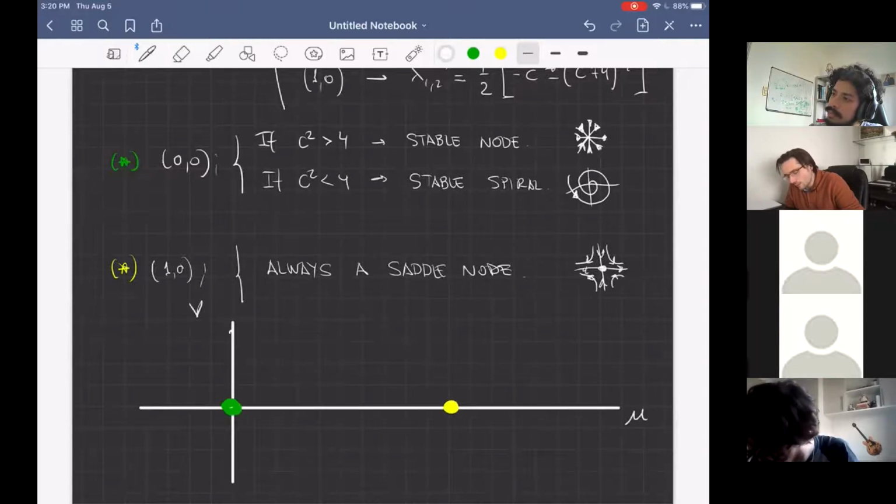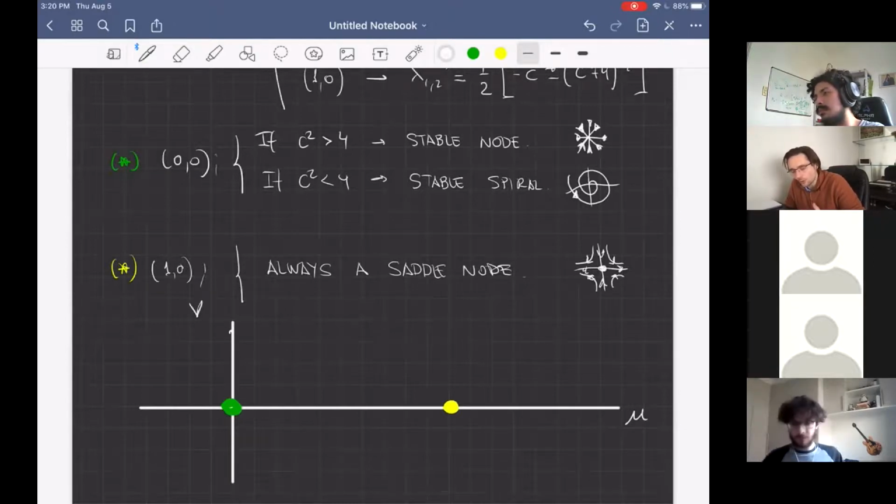I am going to do a very hand-wavy explanation of what's happening in these cases. The proper way to represent the phase space and the phase portrait of this system is by calculating the eigenvectors. So you get the directions in which the saddle node is stable and the directions in which it's unstable, and you see whether my trajectories are going to be something like this here.